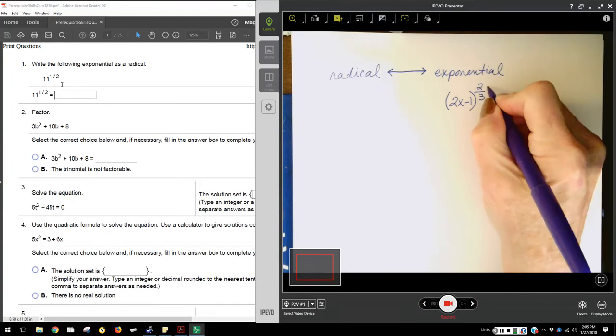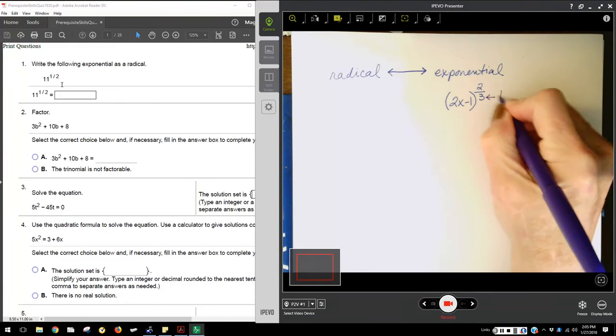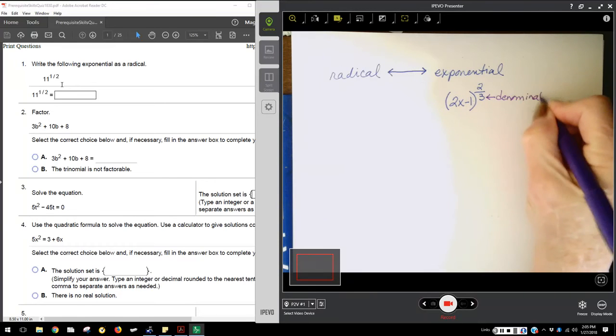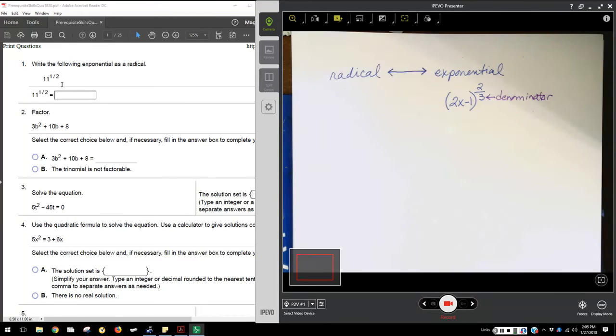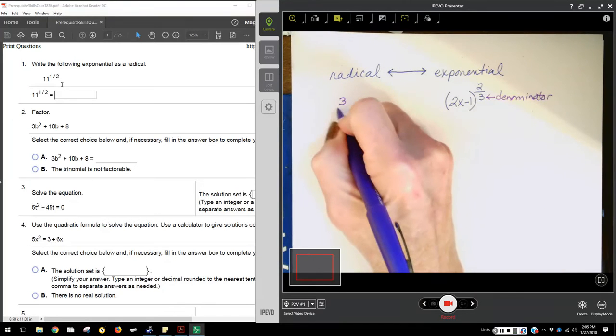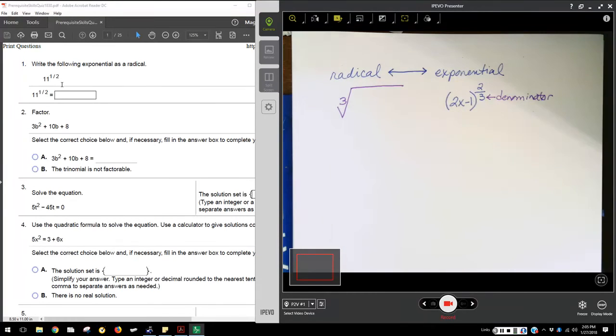And when the power is a fraction, the denominator of that expression is going to give you what we call the index of the radical. In this case, since that denominator is 3, then we're going to be taking the cube root.